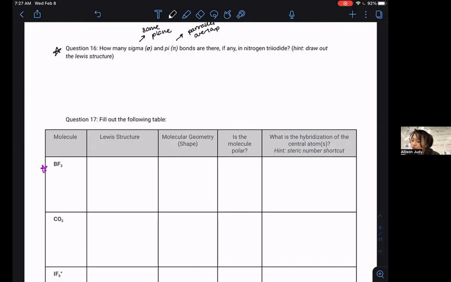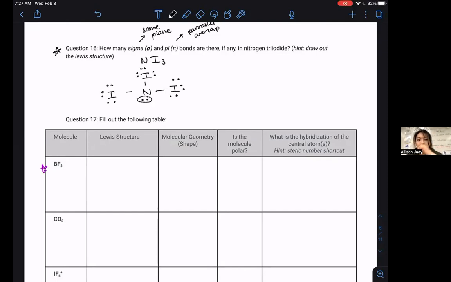So when we look at the structure of nitrogen triiodide, we get the following Lewis structure. Okay, 1, 2, 6, with a lone pair on the center atom.